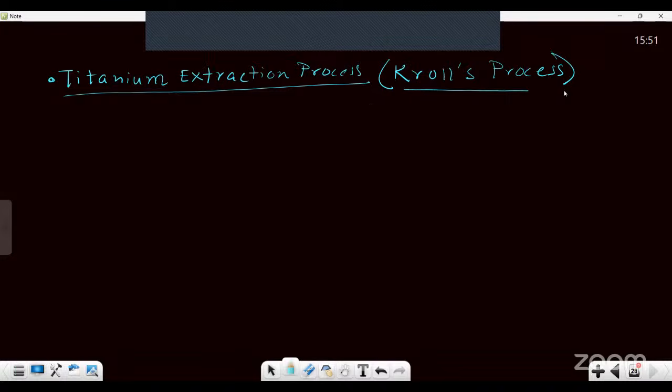What do we do in this process? Just try and understand. The first step in this process is halogenation, that is chlorination.